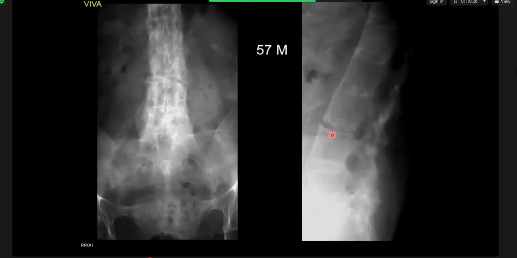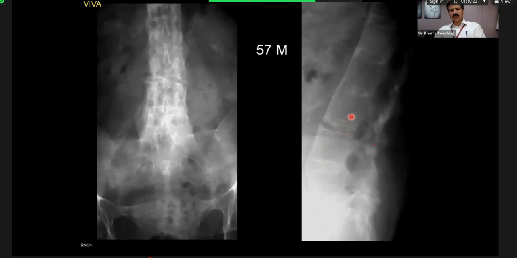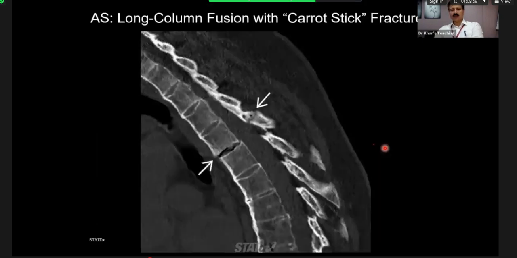Now, if you see here, the concept is that in a bamboo spine, a trivial trauma, because there is no flexibility, can cause a fracture. And this fracture can go through the intervertebral disc, which is ossified, and it can go through the posterior elements. You can see how significant an injury it can cause, actually spinal cord injury, from a trivial trauma.